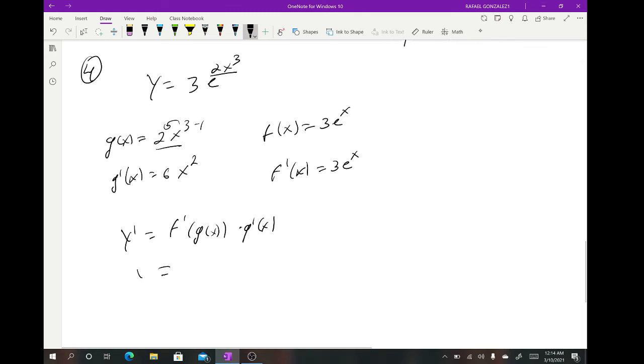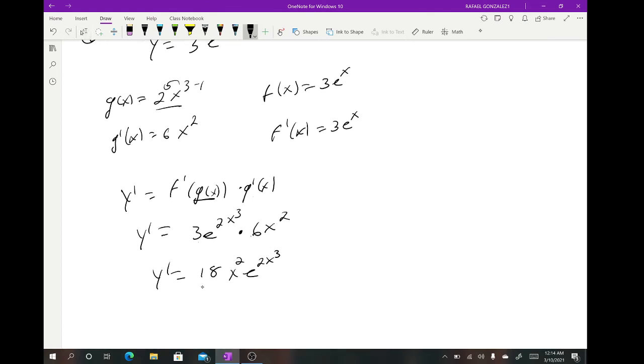We now have that y prime is equal to 3e evaluated at g of x, so that's evaluated at 2x cubed, times the derivative of g, which is 6x squared. So what we have now is that y prime is equal to 3 times 6, which is 18, x squared, e to the 2x cubed. So we now have an x trailing, because it came from the derivative of g.